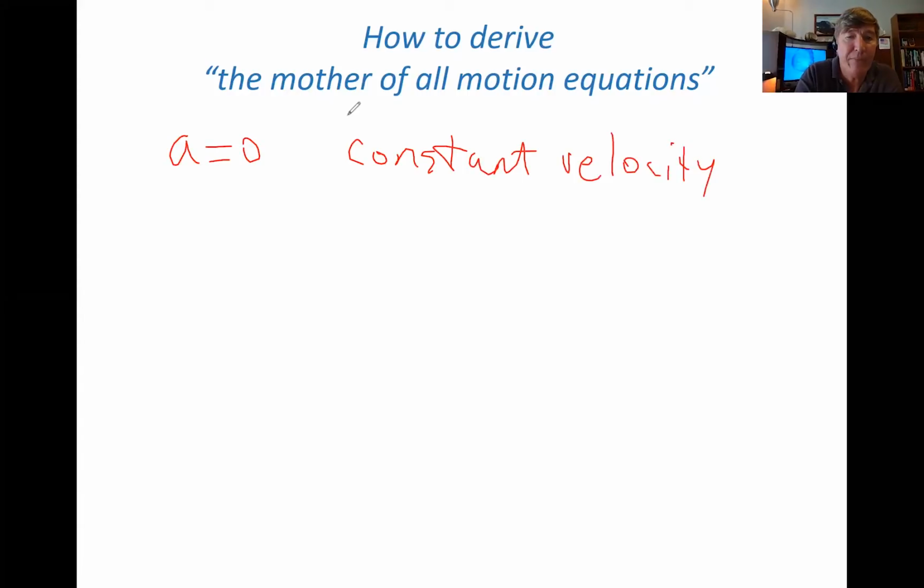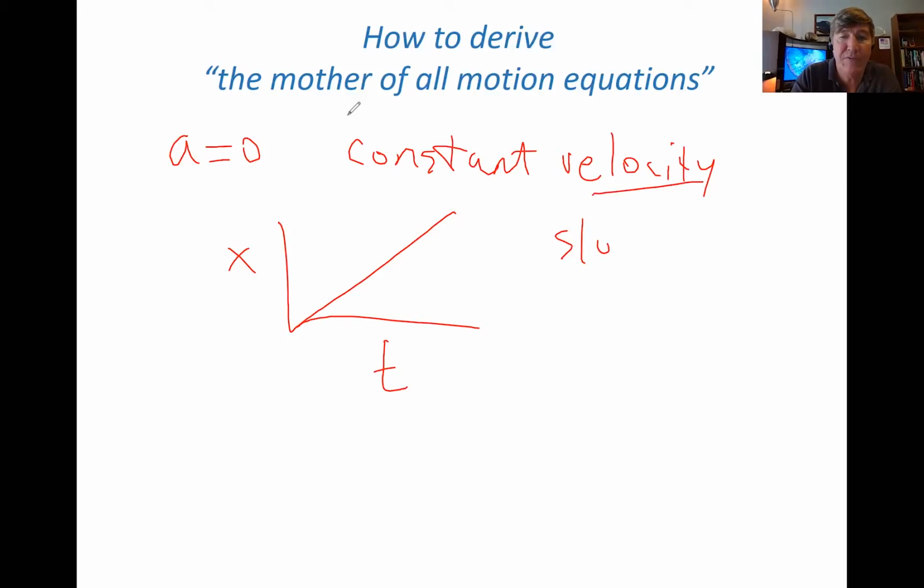If I were to make a graph of position as a function of time, and I have constant velocity, hopefully you guys agree that graph is going to look something like this, right? Because the velocity is the slope of this line, and if it's constant, then it's a straight line.